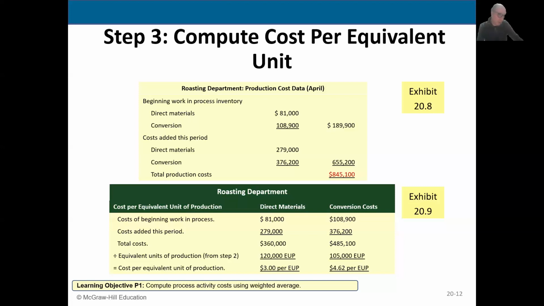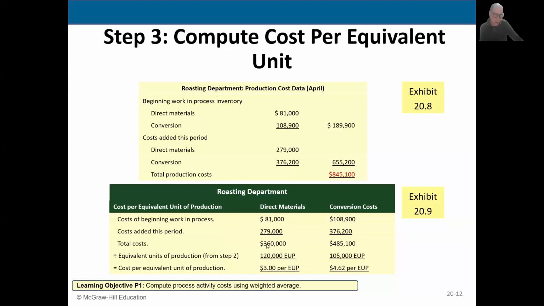Okay, here's how it works. Taking a look at the data, we take the cost of beginning work in process plus costs added during the period to equal our total costs.